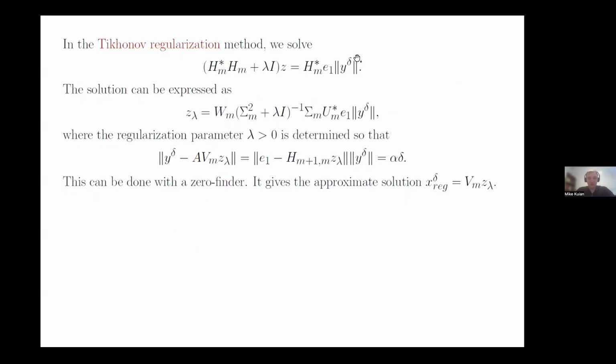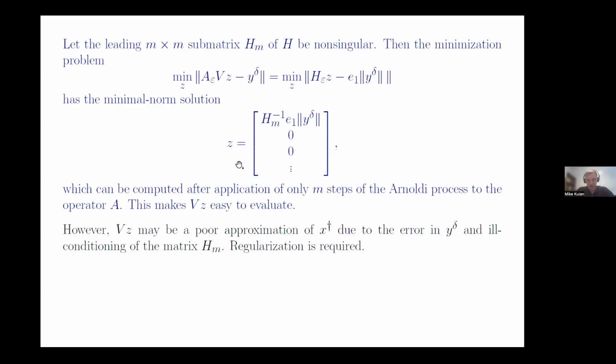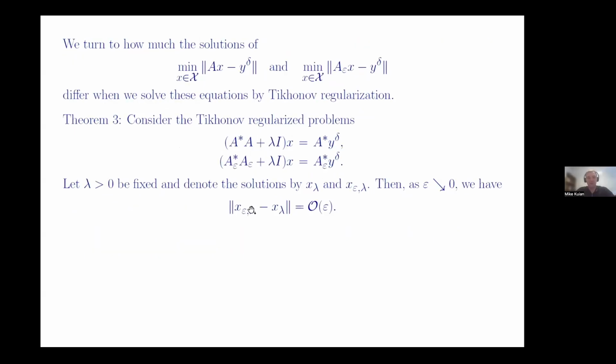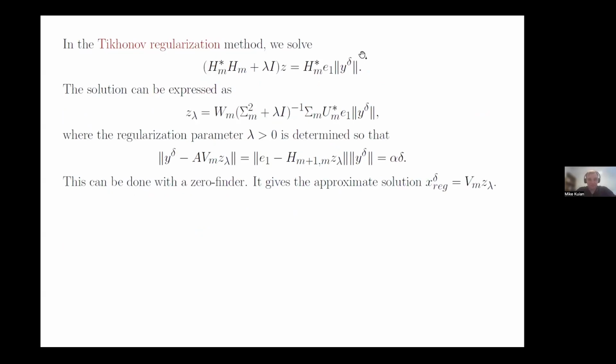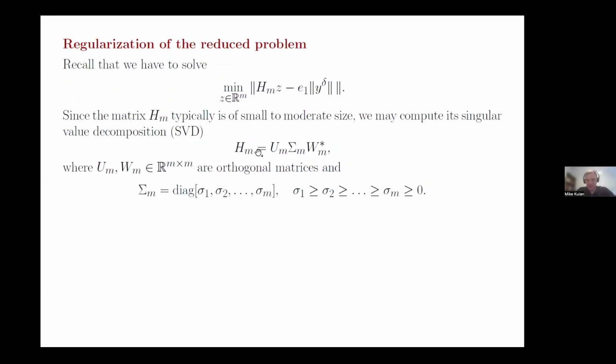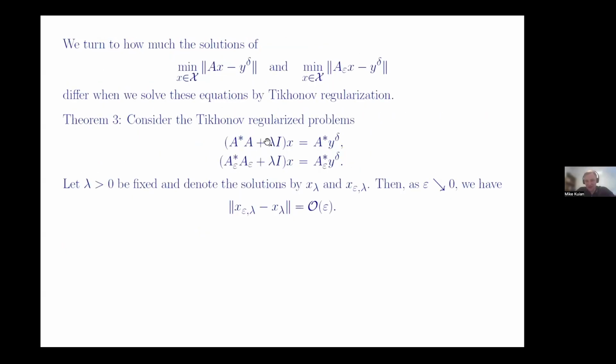In the Tikhonov regularization, we solve this problem. So the original surrogate problem is replaced by this one, and the solution can be expressed by a direct formula here. Remember, in Tikhonov regularization, we need to select a regularization parameter lambda. This lambda, actually, how to select it is the whole problem itself.